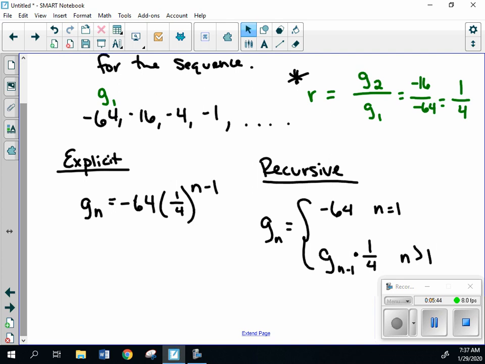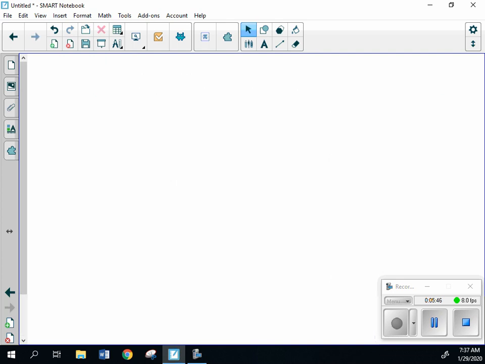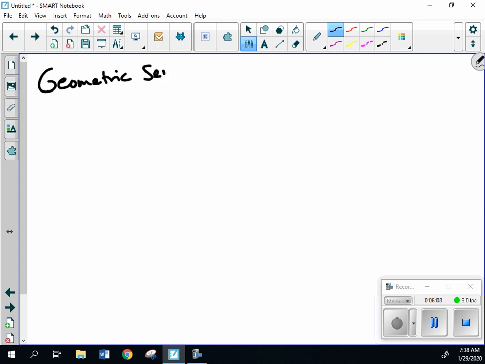Now, with every sequence, there comes a series. And remember, a series is where you add all of your numbers together. There's a formula for this in which we can easily solve. This formula can be written in a couple different ways, whether you're using sigma notation or just regular notation.